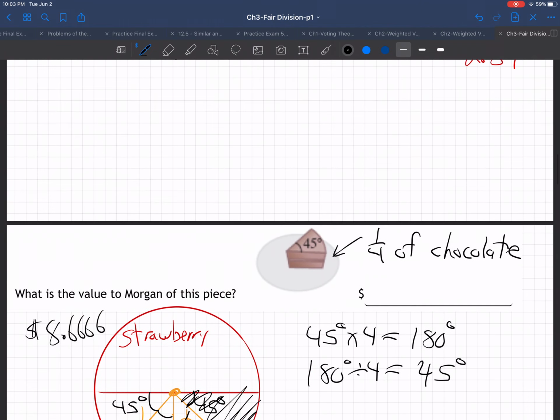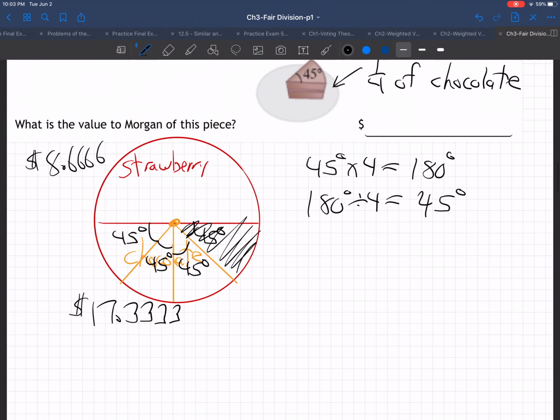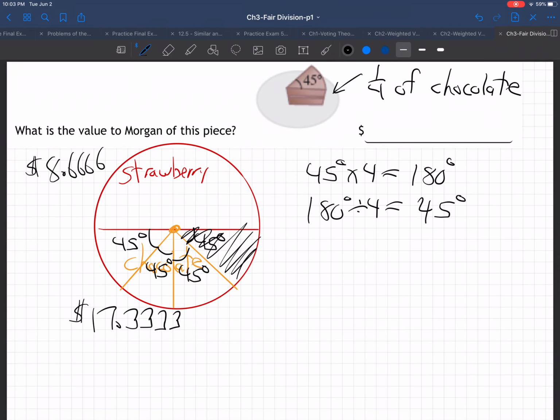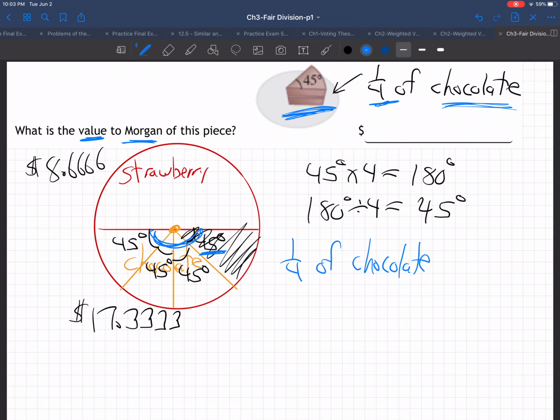I said those backwards, but I wrote them correctly. So now we need to take 1/4 of the chocolate half, because if we're wondering what the value of this piece is to Morgan, this piece here is 1/4 of the whole chocolate part. 45 degrees is 1/4 of 180. So it's 1/4 of, and of means times, the chocolate part, which is 17 with 3s forever.